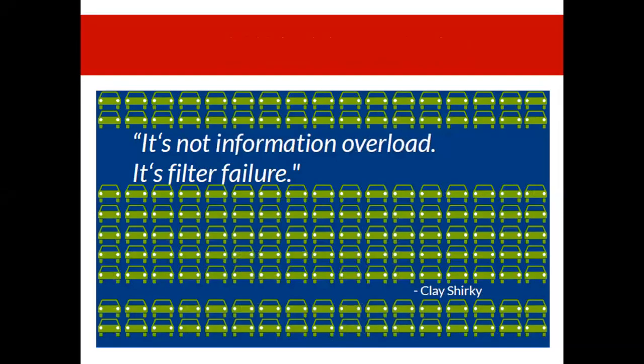There's a very well-known journalist who once said, it is not an information overload problem, it's a filtering failure. So we need a very good computational tool to help us filter information.